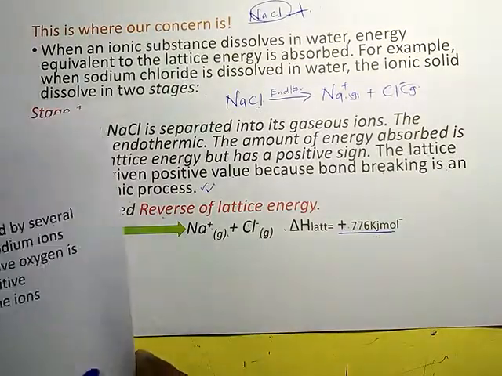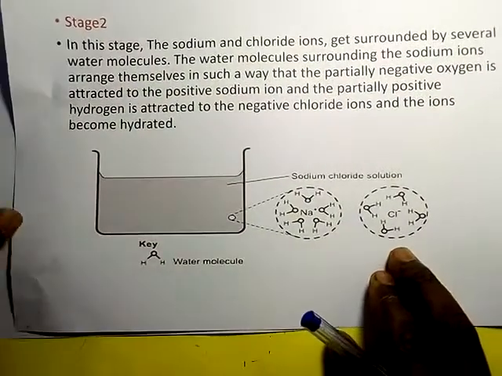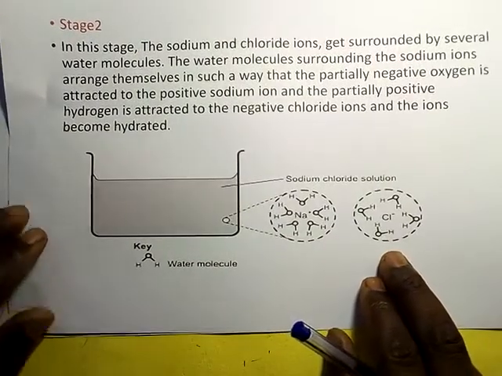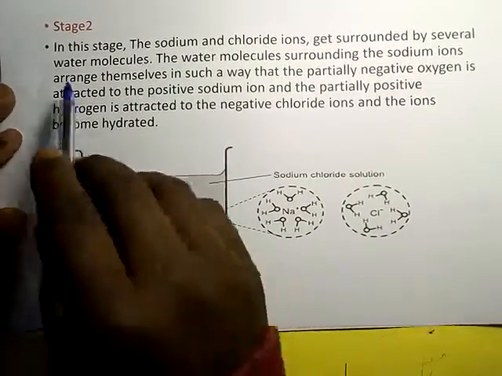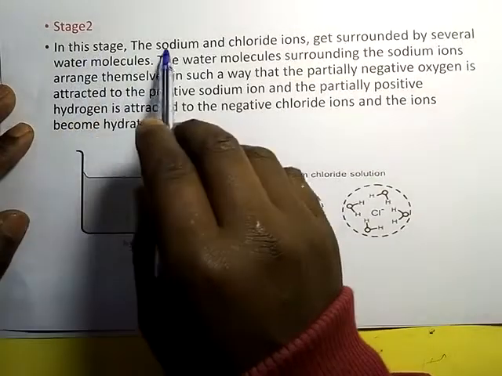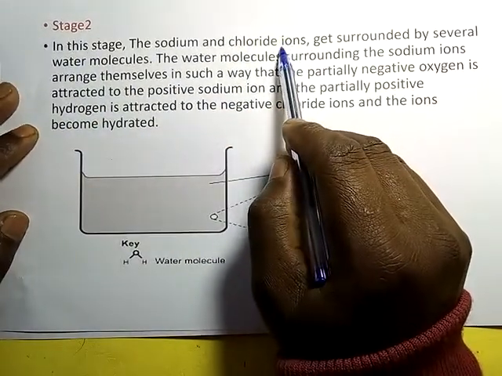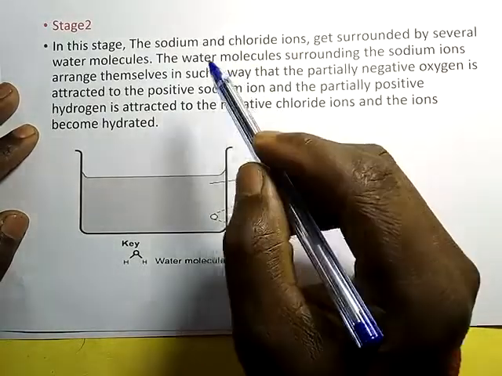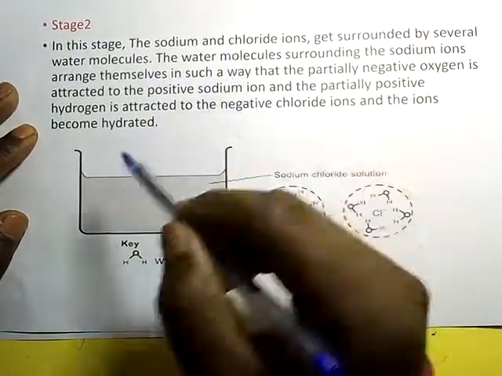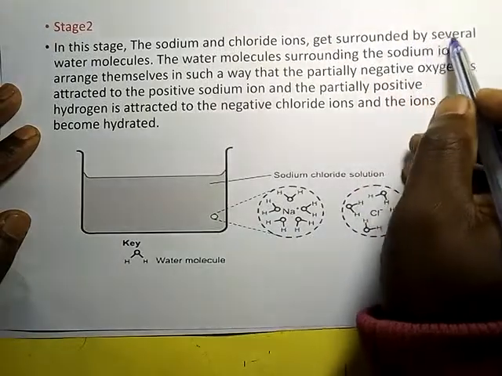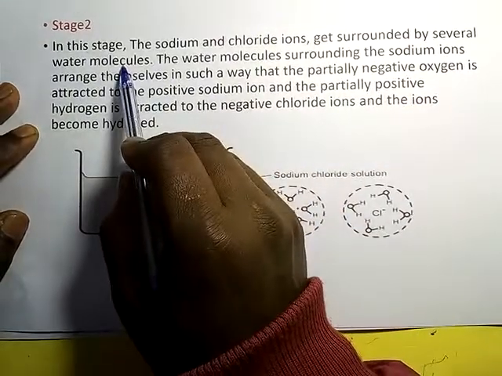What happens in stage 2? In this stage, the sodium and chloride ions, now after bond breaking, which are in gaseous form, get surrounded by several water molecules.